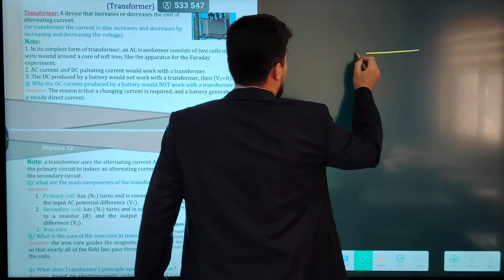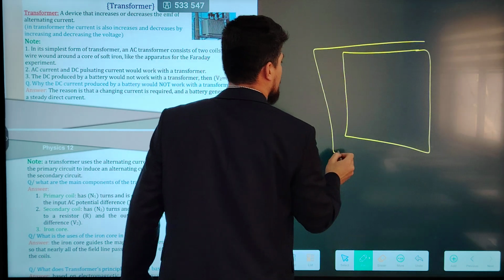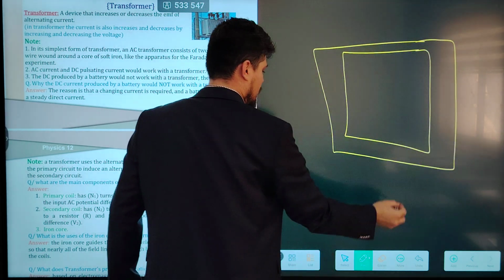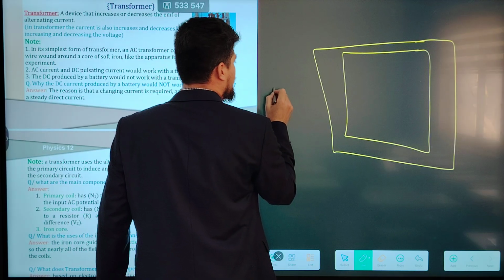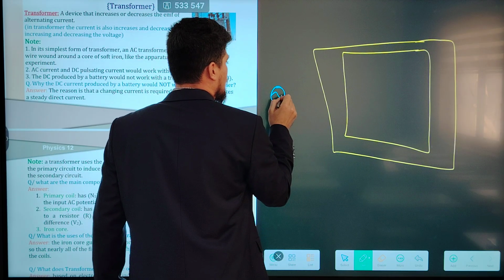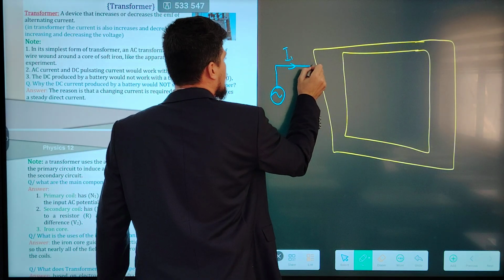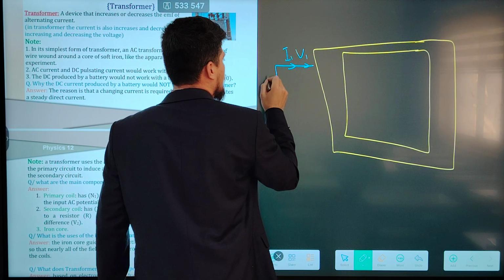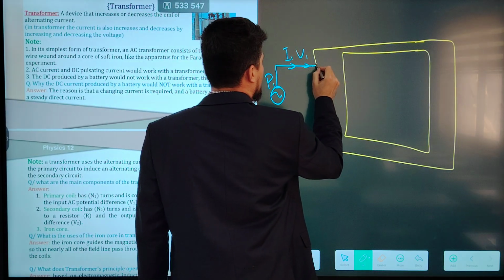A transformer consists of what? An iron core. Look, this is the input: I1, V1, P1, the input power.